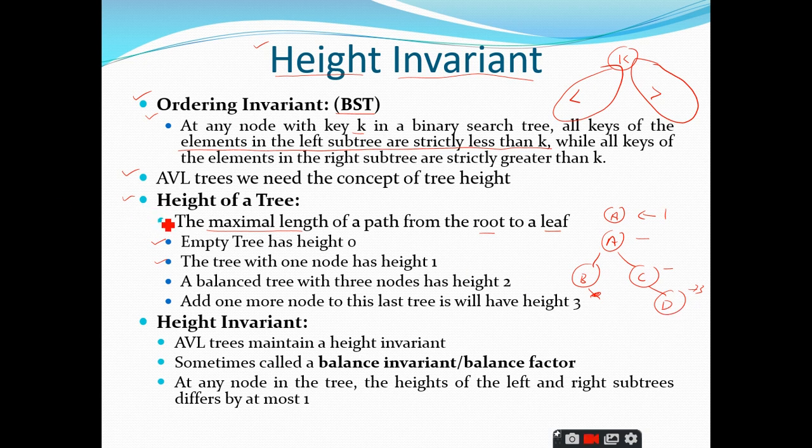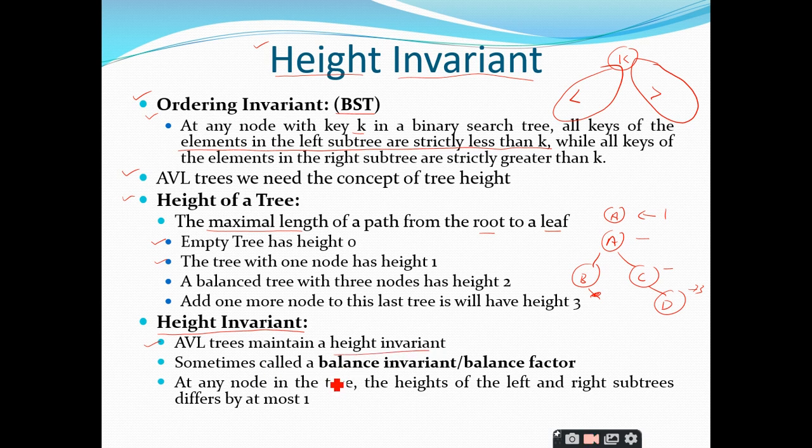And coming to our point of interest, the AVL tree, by definition itself it is called the height balanced tree. So we are going to concentrate on the height. A very important point regarding AVL trees is the term height invariant. AVL trees maintain a height invariant.